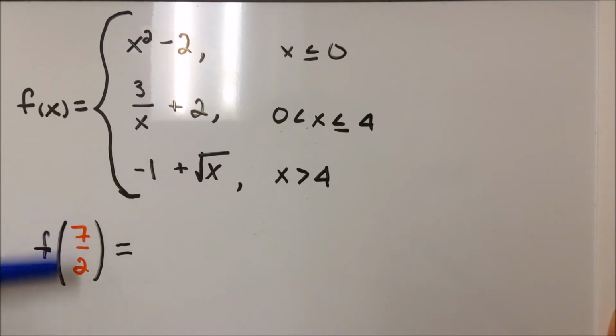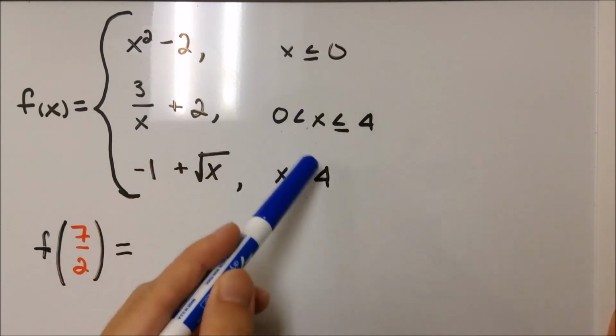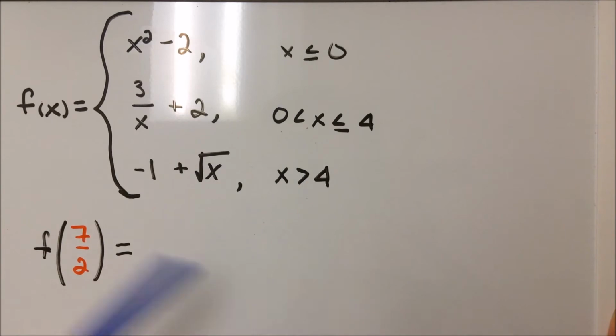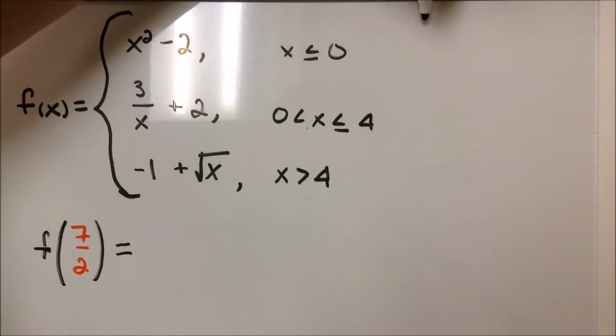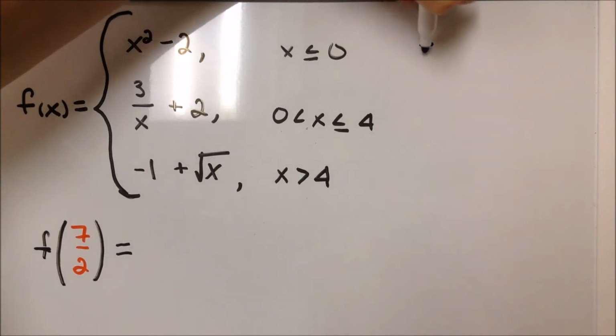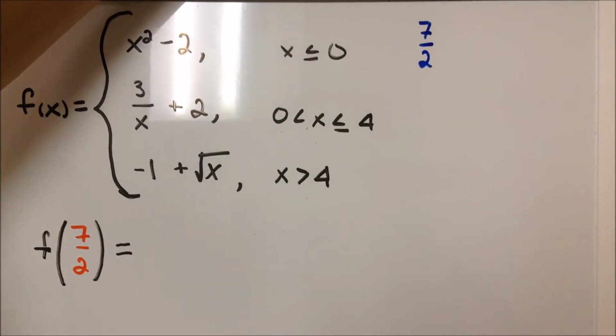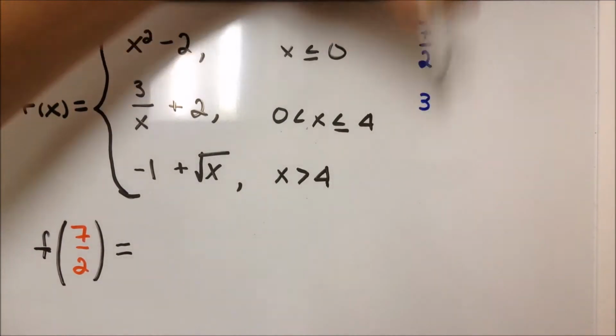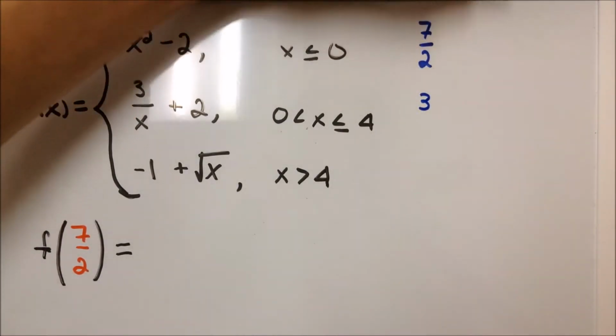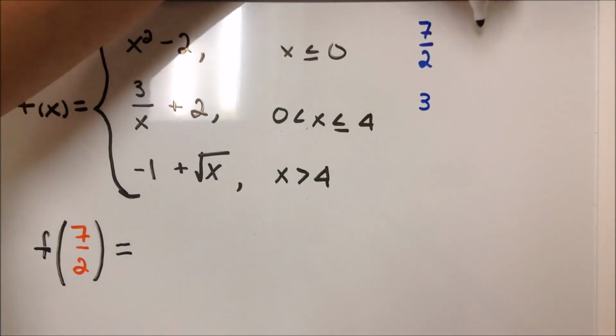Since it's a fraction, it won't be easy to see which one to use. So what we can do is convert it into a mixed number or a decimal. So let's work it out over here. 7/2. We know that 2 can go into 7 three times, 3 whole numbers. So 2 times 3 is 6.